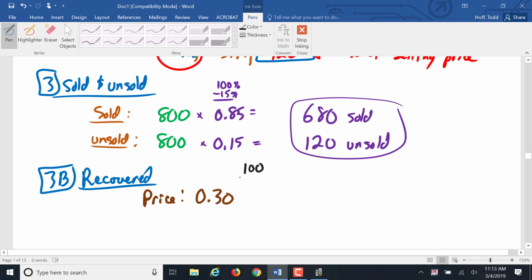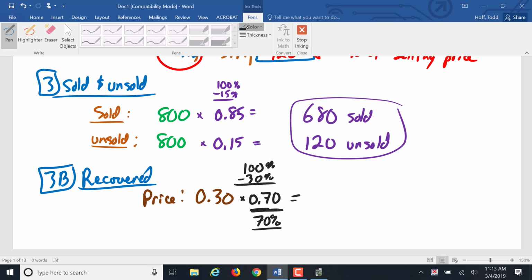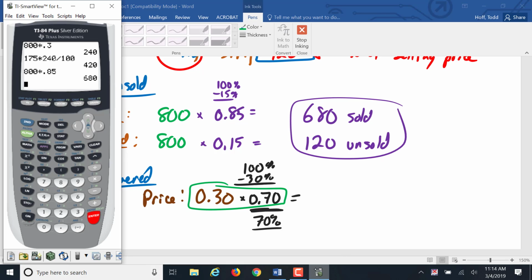So 100% minus 30% makes 70%. So we're going to take that 30 cents each times 0.70. Remember that 0.70 is 70% because we're 30% below cost. 100 minus 30 gives us 70%. So 30 cents each times 70% or times 0.7 gives us 21 cents each.